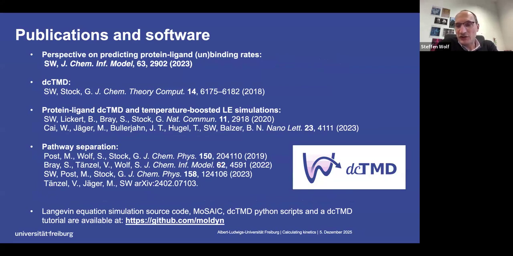And we just recently published our analysis method as a standalone Python package called DCTMD as well, that you can directly find on GitHub and download there, and which is designed in such a way that you can use it in combination with GROMACS to perform simulations and calculate then free energies, friction factors, and include then our pathway clustering approach, which is called Mosaic, to perform all the respective pathway separation analysis that you need to perform here as well to apply our approaches to your protein or ligand system or condensed matter system of interest as well.